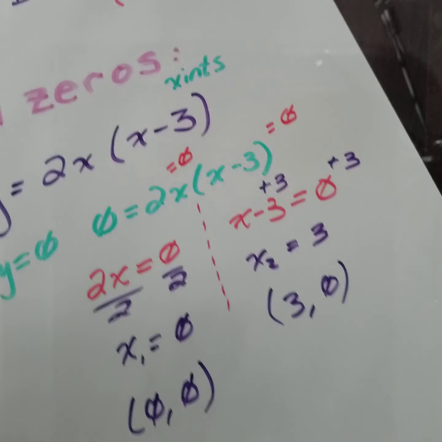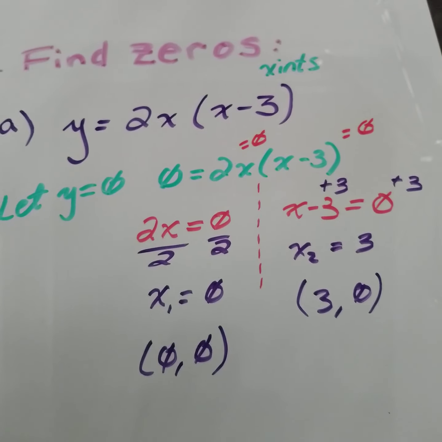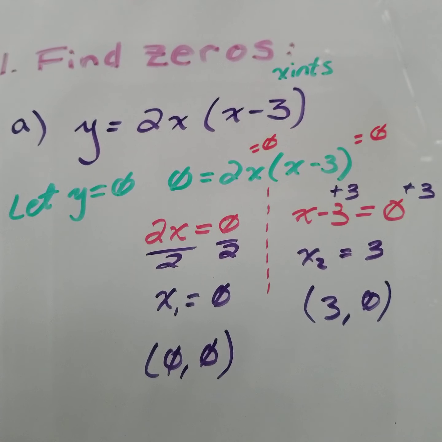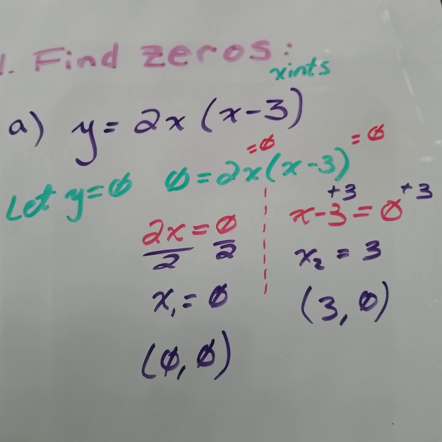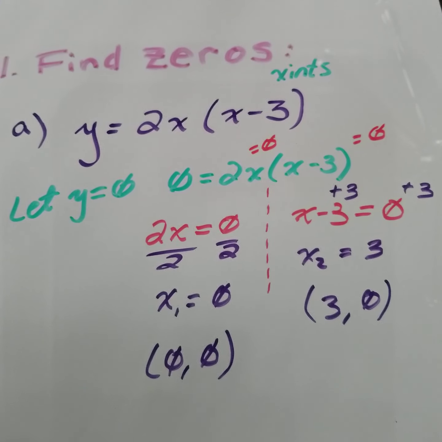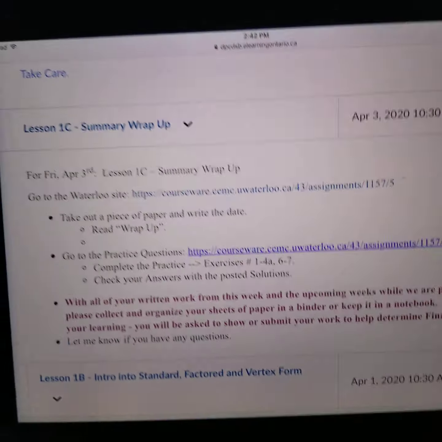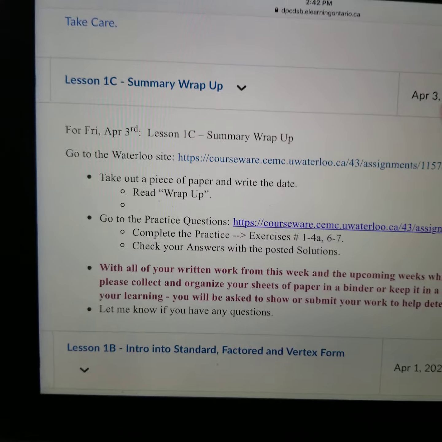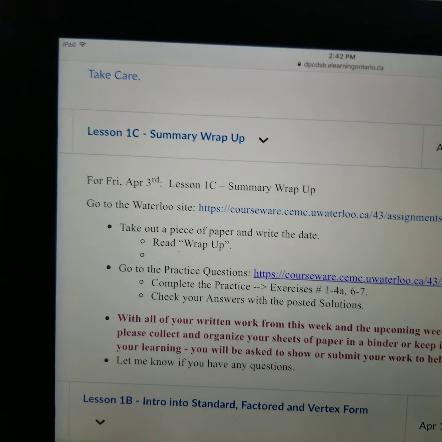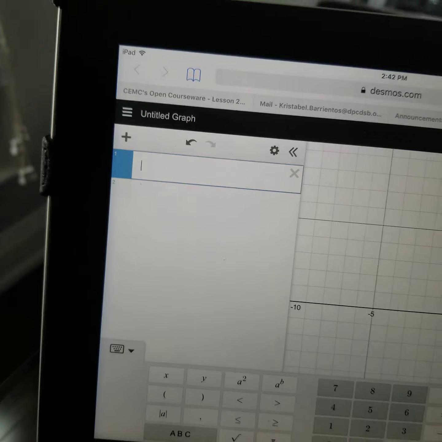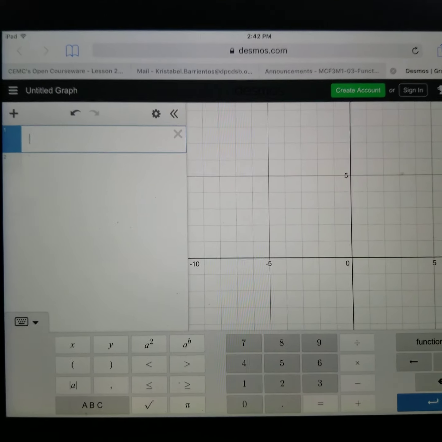And we can check this on Desmos to see if this is actually the correct graphed function. So you can go to Desmos. So this is your summary wrap-up. On Desmos, it looks something like this.